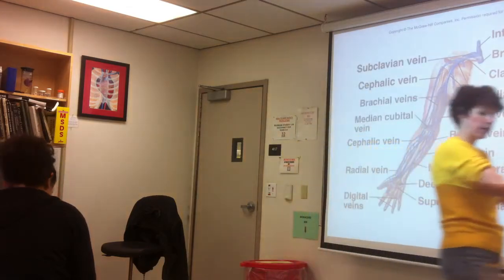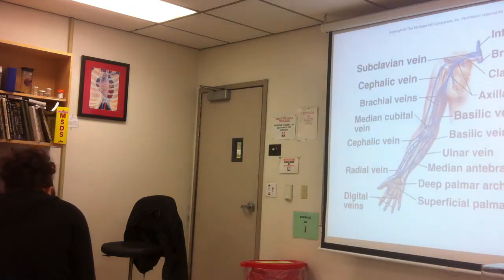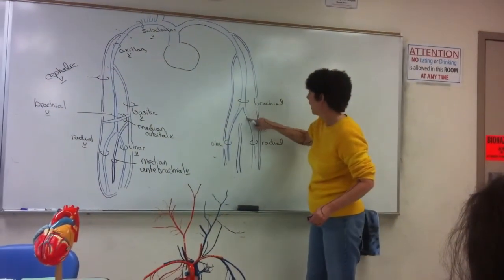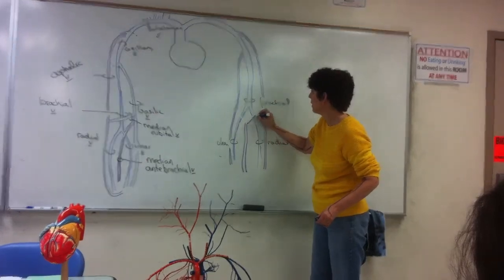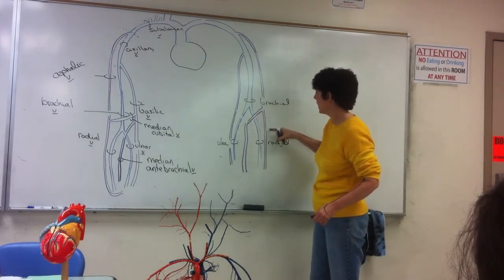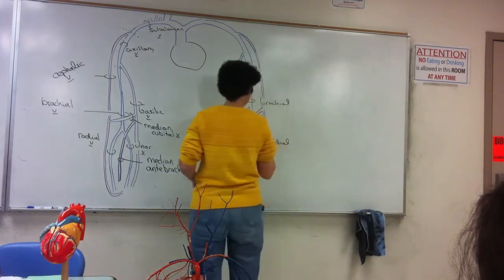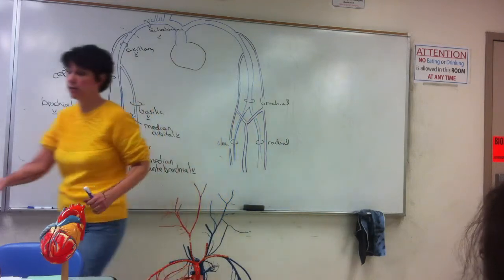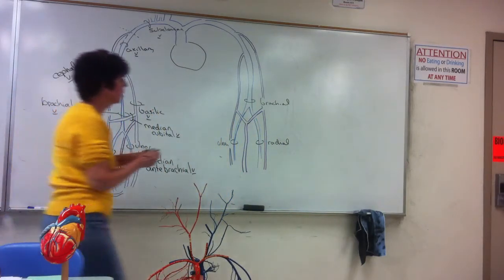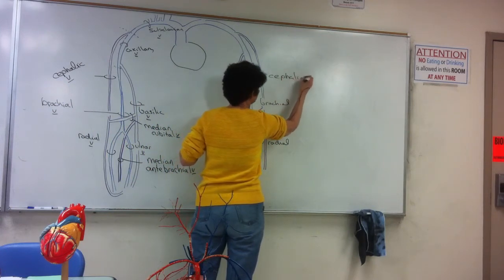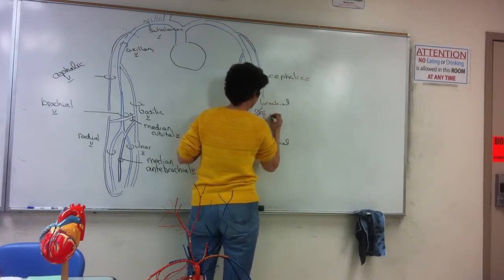All right? I'll let that dry before I pull my sweater down. But here would be the median antebrachial. And then it would drain into basilic via the median, sorry, my words are all wrong here. So it's going to drain into the, this is cephalic. And this would be median cephalic.